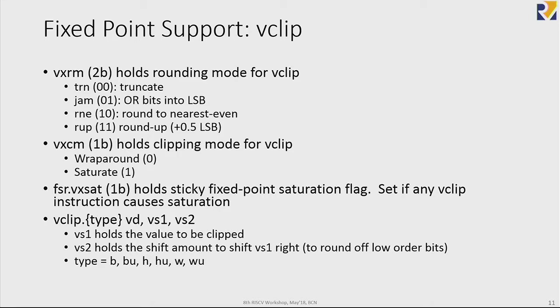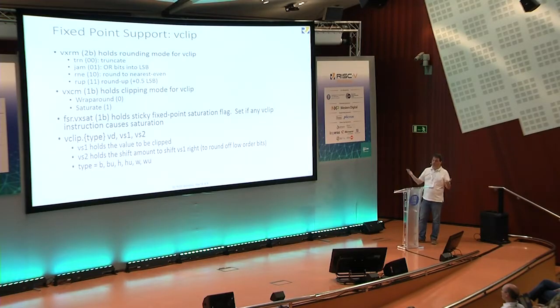Also, fixed point support. Actually, this is not new, but I failed to talk about it in the November presentation. So just for those of you that are interested in fixed point, there's a lot of DSP people building their own vector units, so they should like this. There's basically one instruction, vclip. There's a type, byte unsigned, and so on. It takes 2 vector registers.